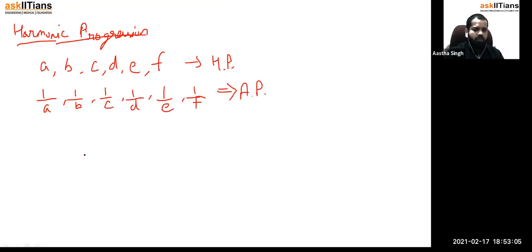Okay, the reverse is also true. If these numbers are in AP, then the reciprocals are in HP, right?